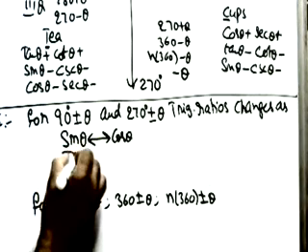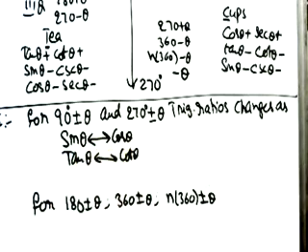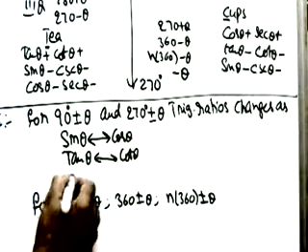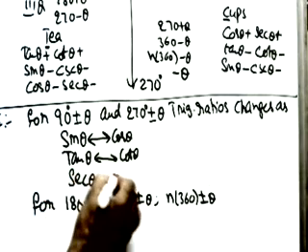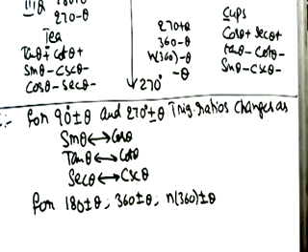In the same way, tan theta changes to cot theta and cot theta changes to tan theta. In the same way, secant theta changes to cosec theta and cosec theta changes to sec theta.